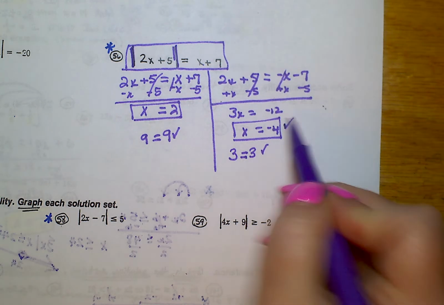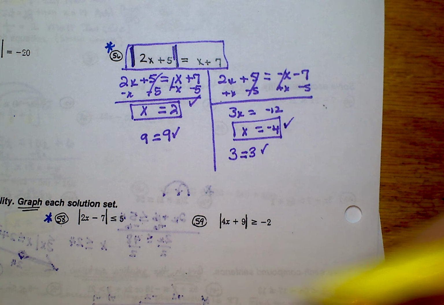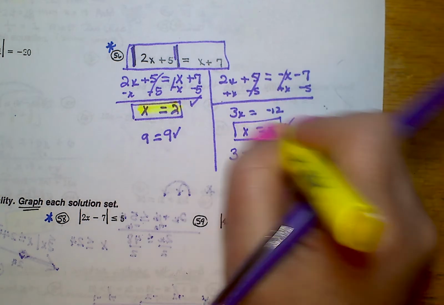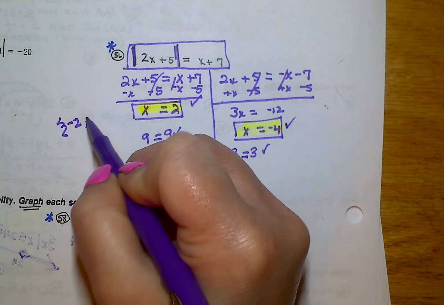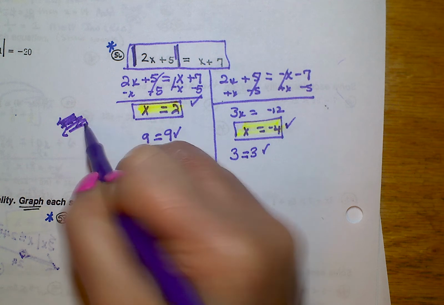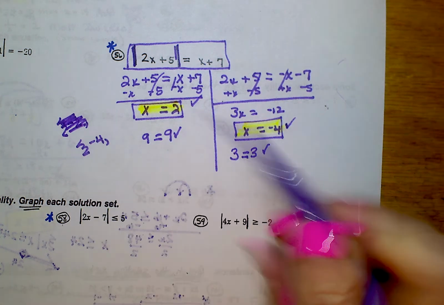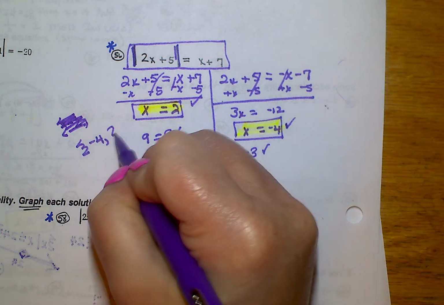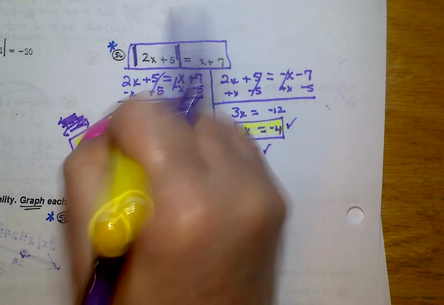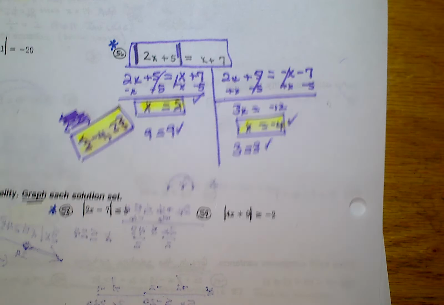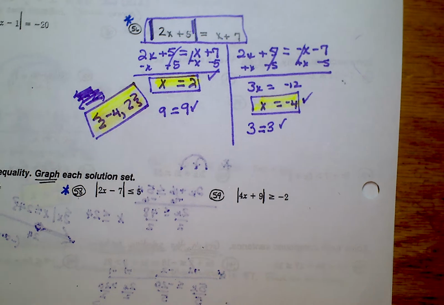So in this case, both of those work. So when you take the test, you can put it this way, or you can put it in your set builder. And let me go back and put the set builder and put the lowest one first. So it would be negative 4 and positive 2. I know some of y'all had asked me that question. Okay, you can put it either way with that.